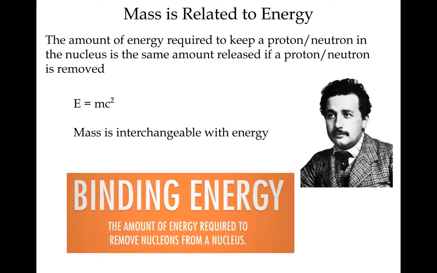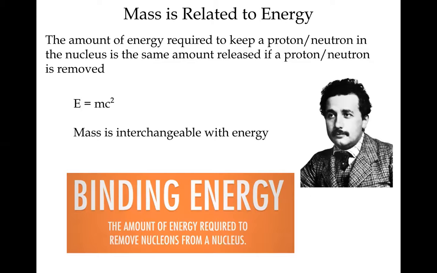Okay. And we talk about the nuclear binding energy, or the binding energy, being the amount of energy required to remove nucleons from a nucleus. And remember, that energy is going to be equal to the amount of energy required to keep it in the nucleus.